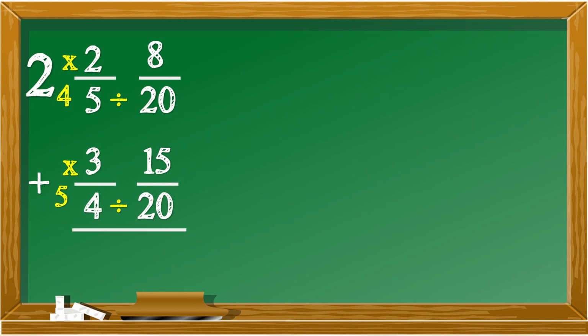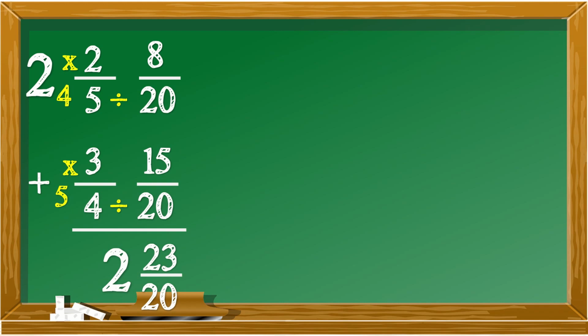In adding similar fractions, we need to copy the denominator and add the numerators. 8 and 15 is equal to 23. And don't forget that we have a whole number, and that is 2. Since 3/4 has no whole number, we just have to put down 2.